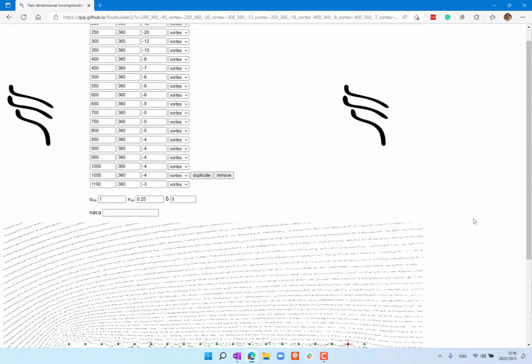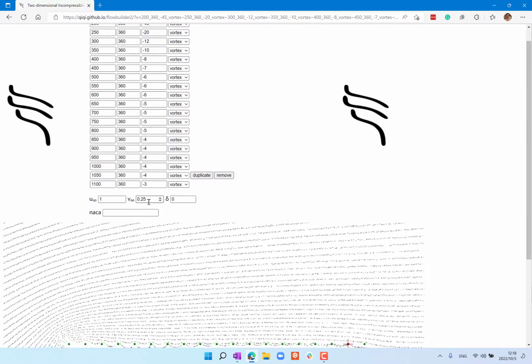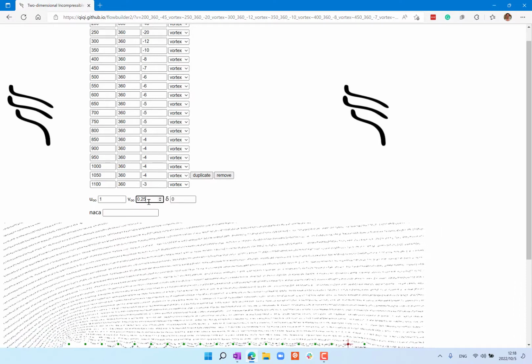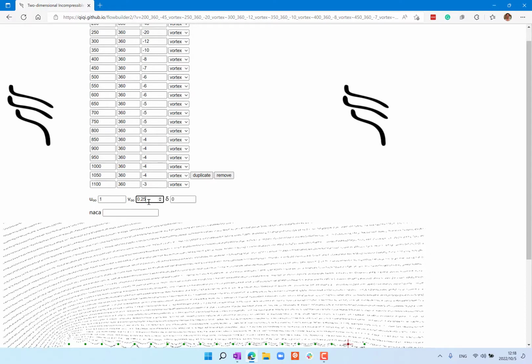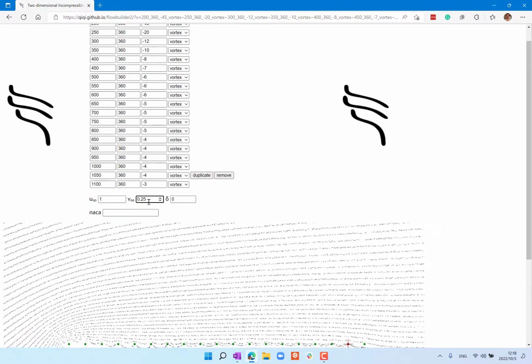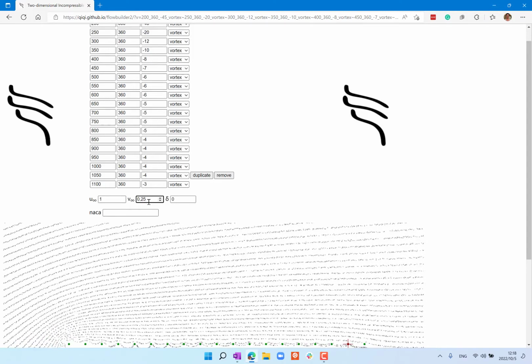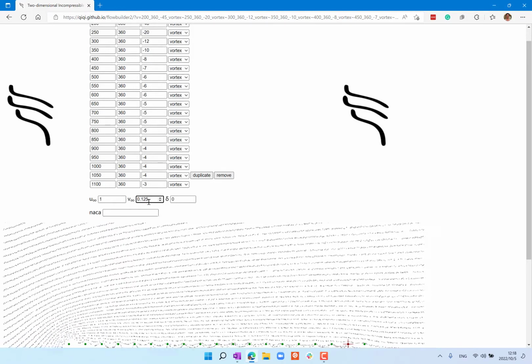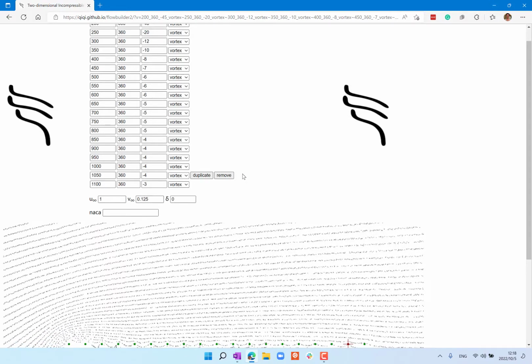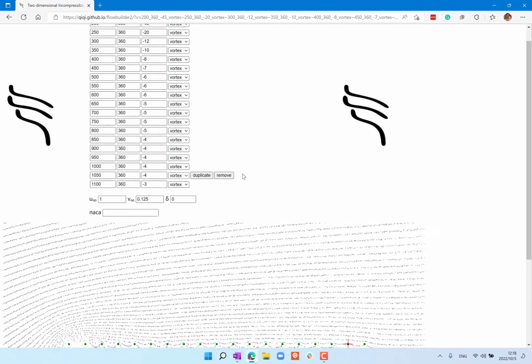So let me illustrate the linearity by asking: if I change V infinity by a factor of 2, let's make it decrease by a factor of 2. So if I make V infinity 0.125, would the flow still be parallel to the airfoil or not?